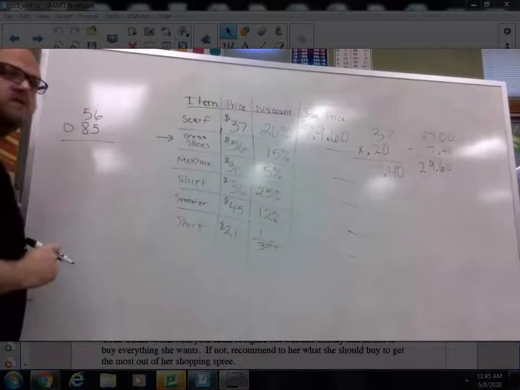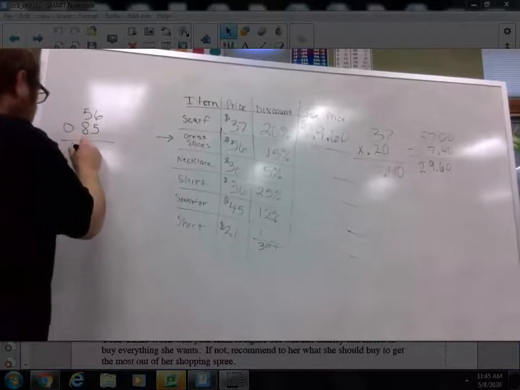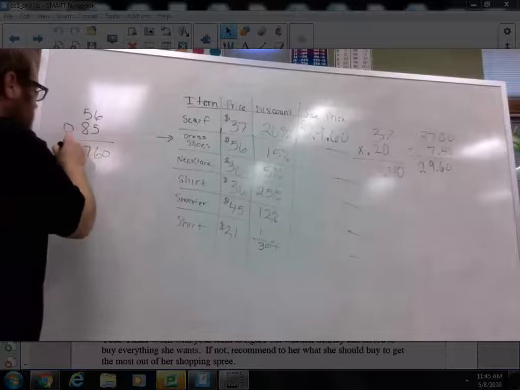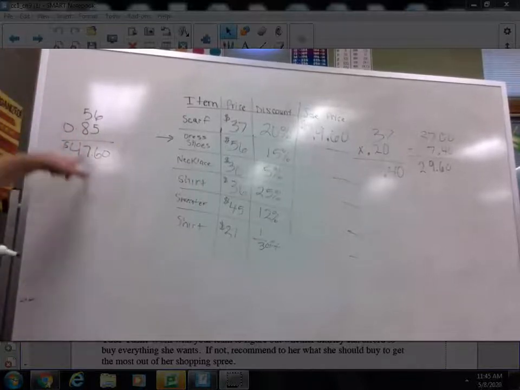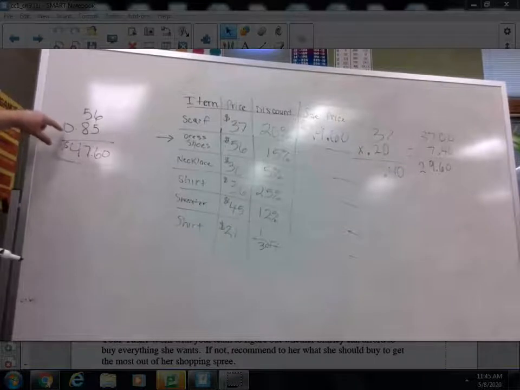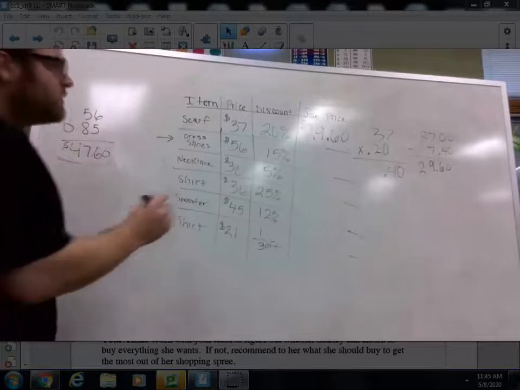And if you go ahead and multiply that, you're going to find out that your price is $47.60. Now this is a little bit different than the way Miss Lanza showed you, because if I'm finding out what 85% of my cost is, this is my sale price. This is what I'm paying.